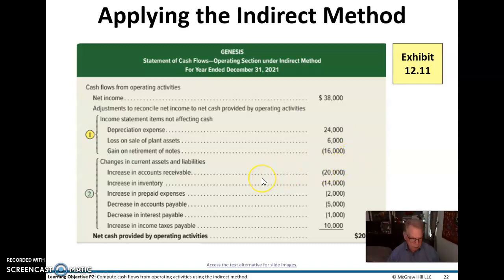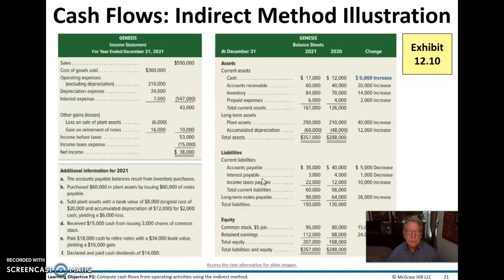So now let's look at the changes in our current assets. Here, our cash went up, right? From 2020 to 2021, it went from 12,000 to 17,000. That increased by 5,000. Accounts receivable went up by 20,000. Inventory went up by 14,000, and prepaids went up by 2,000.